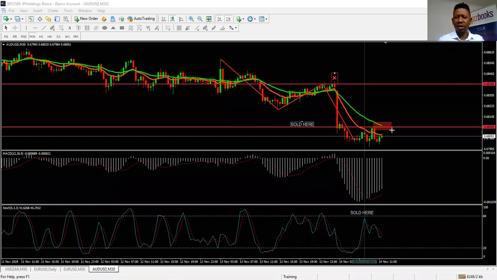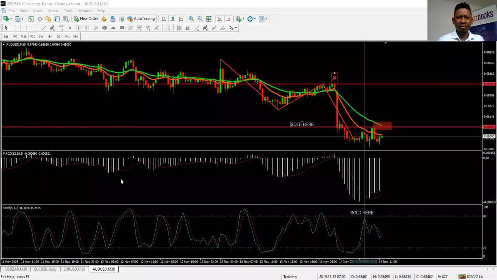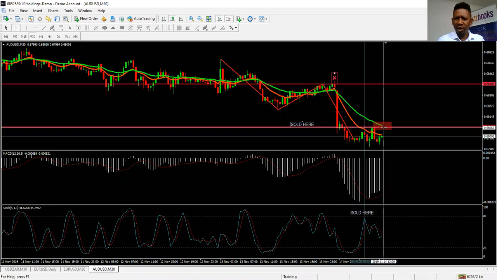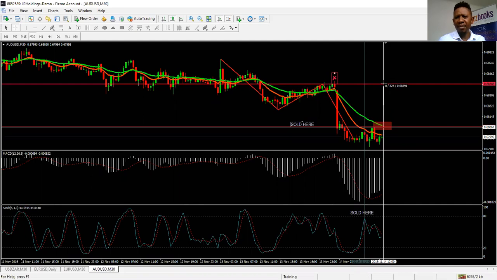When you sell there is going to be a stop loss. Then we check the distance: simply take the crosshair, click from the beginning of your entry, and drag up to calculate the number of pips. The number in the middle is the number of pips.